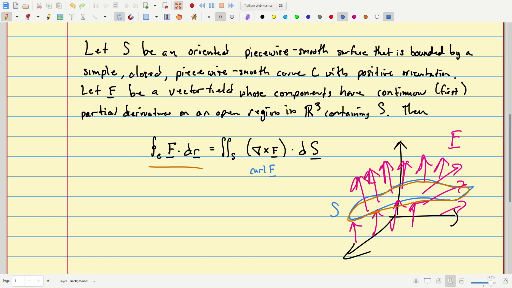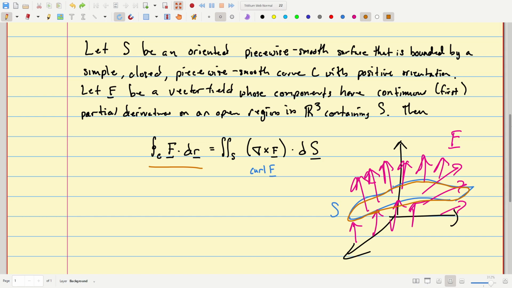All right, so what we're seeing is, in some sense, how much the vector field tends to twist as it's passing through that surface. Okay? And the total amount of twisting that is done inside the region can be detected at the boundary. Okay? That's a pretty powerful thing, right? I can determine the interior behavior by just looking at what's going on at the edge.